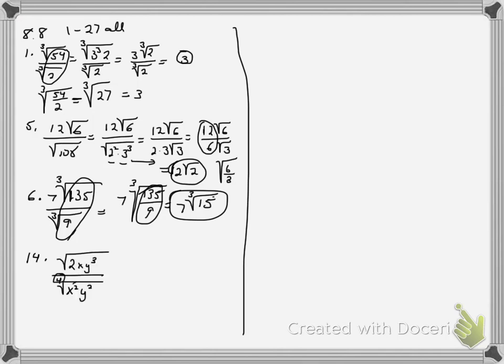Let's look at 14. Okay, I think here I would tend to simplify this first, and then go ahead and pull out a y. So this is going to be y, the square root of 2xy, all over the square root of, divide by 2, and so we're going to get x and y.